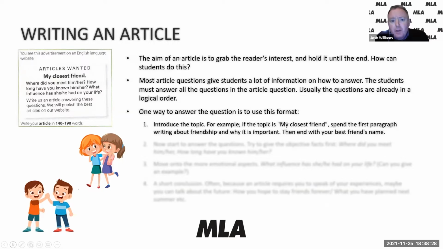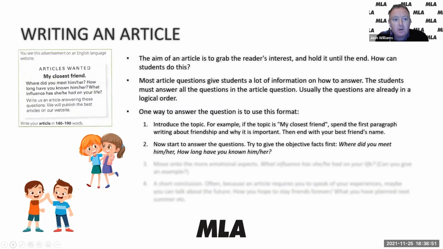Yeah, what you can do, I often say, is the first paragraph is to introduce the topic. Now, I wouldn't start saying who my closest friend is. I'd probably start writing about friendship, why it's important, and then end with something like, and that's why I think my best friend is this person.